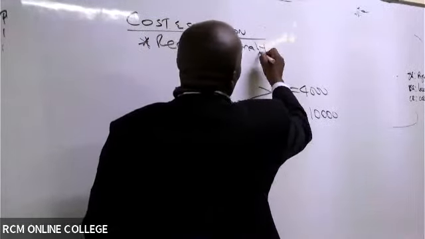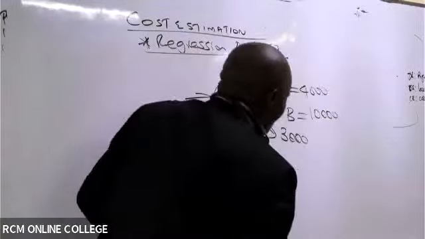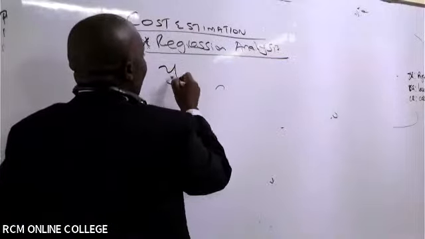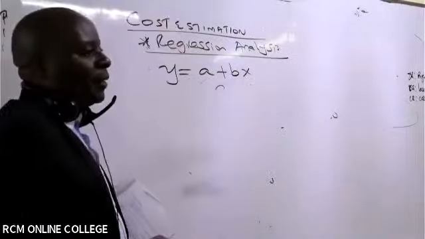Analysis. Regression analysis, we have got two models. We have what we called the simple regression equation. So the simple regression equation is that equation that looks like this. Y equals what here, somebody? a plus bx, where a is the constant, what we also call the y-intercept.